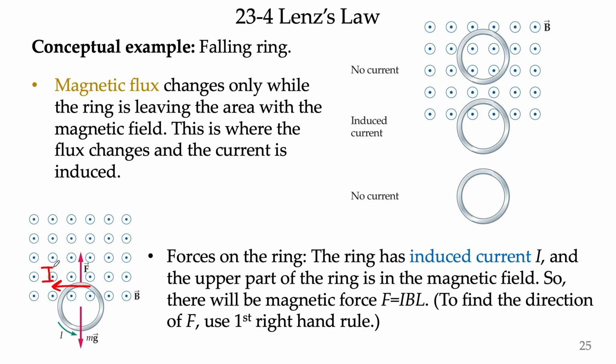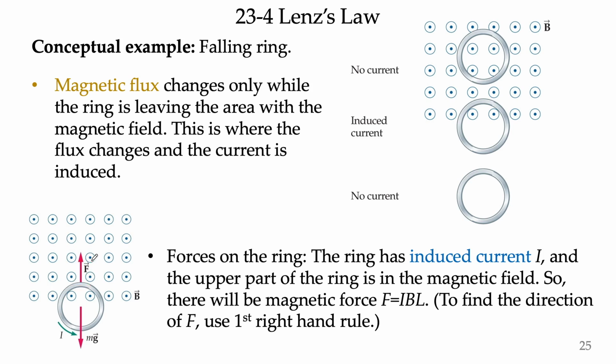Okay, so your index finger will point to the left. Okay, so the magnetic field lines are out of the page. So your middle finger will point towards you, and your thumb will give you the direction of force, which is in the up direction here.